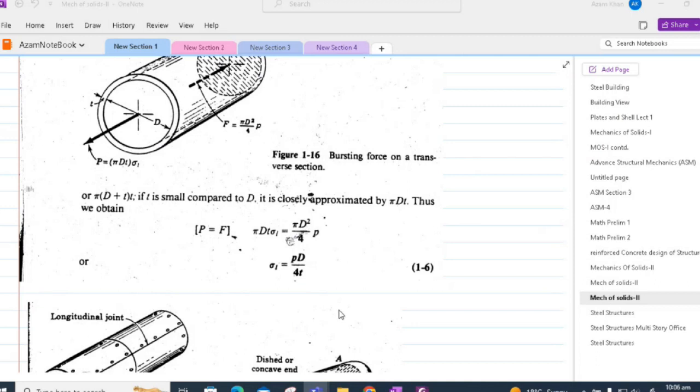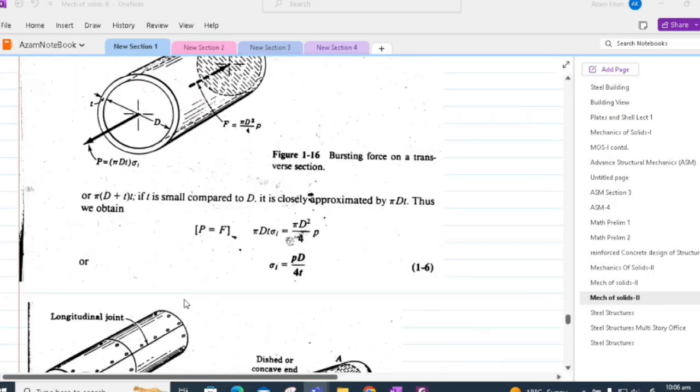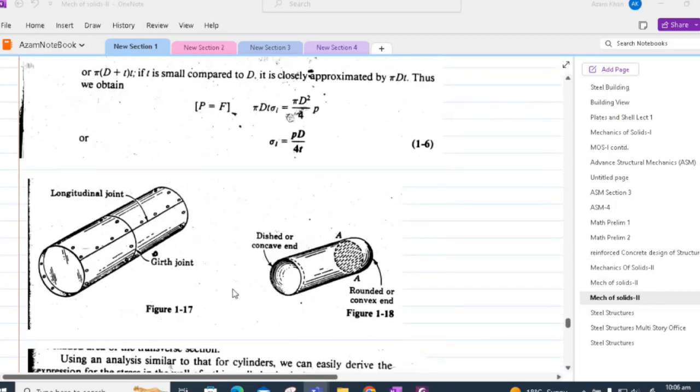It is important to see that the longitudinal stress is half of the tangential stress. Therefore, if the pressure in the cylinder is increased to the bursting point, then failure will occur along the longitudinal section or the longitudinal seam of the cylinder.